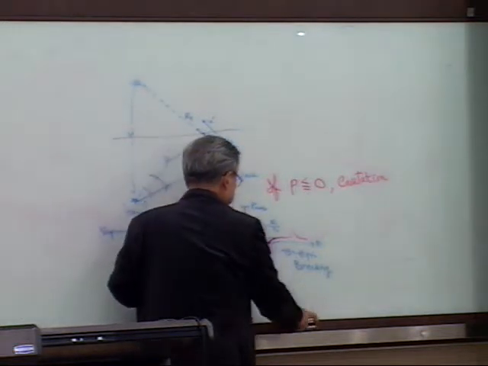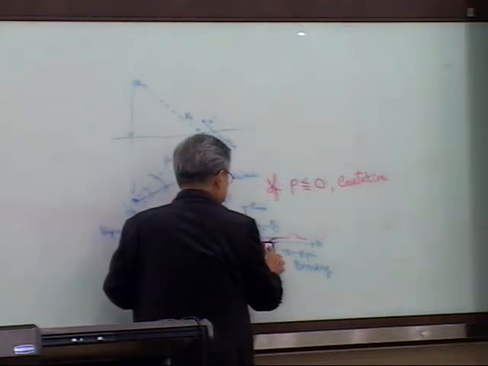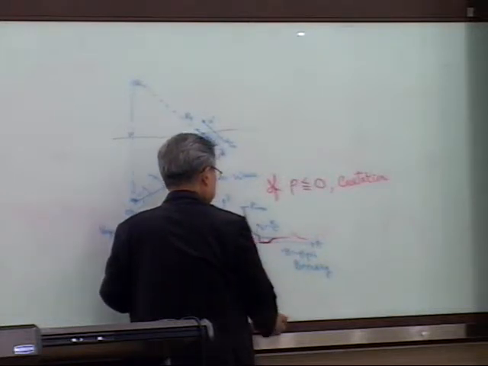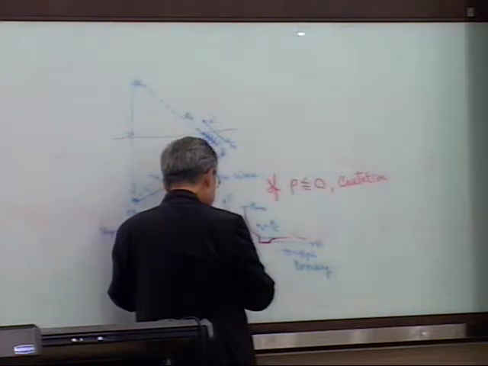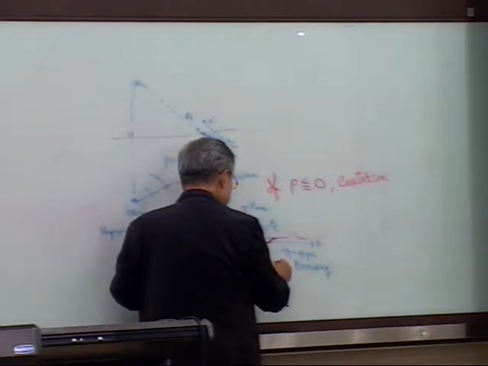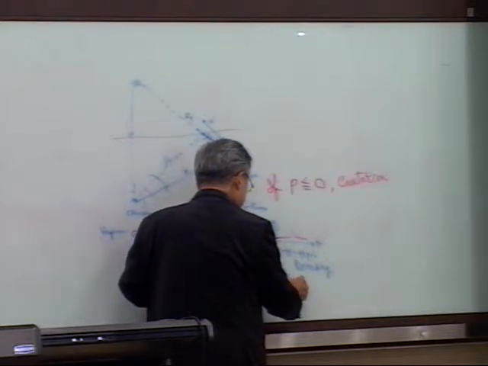So if I just remove it, then the result is going to be like this. It has a name. This is called surface cutoff.